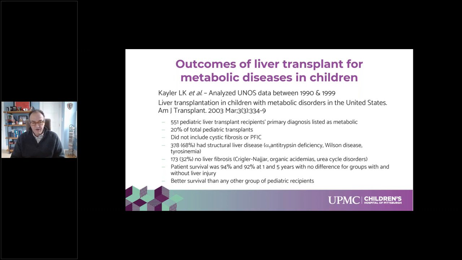And 1/3 had no liver fibrosis. That was Crigler-Najjar, organic acidemias, urea cycle disorders primarily. The patient survival was 94% and 92% at 1 and 5 years, with no difference between the groups with or without liver fibrosis. And these were better survival figures than in other pediatric groups.